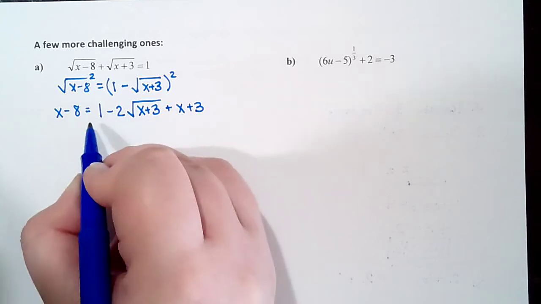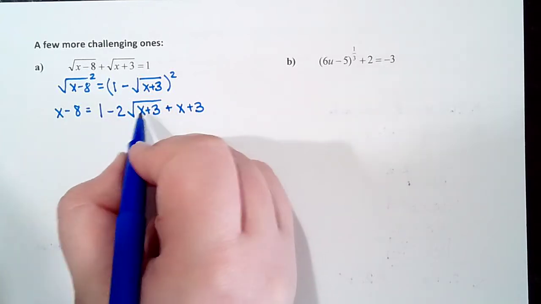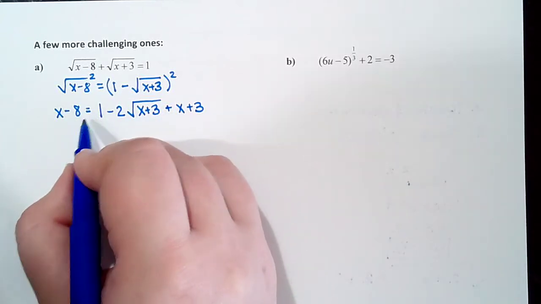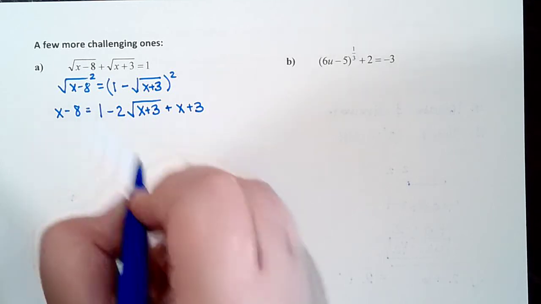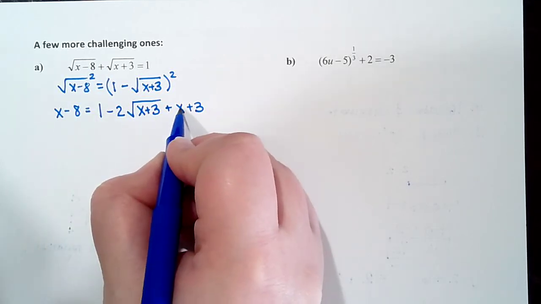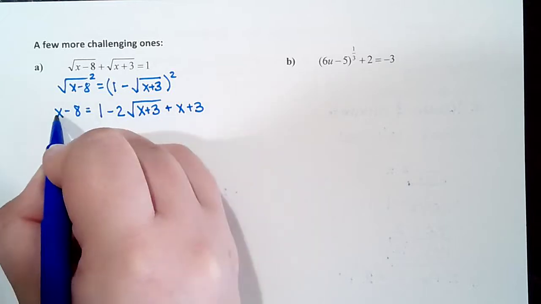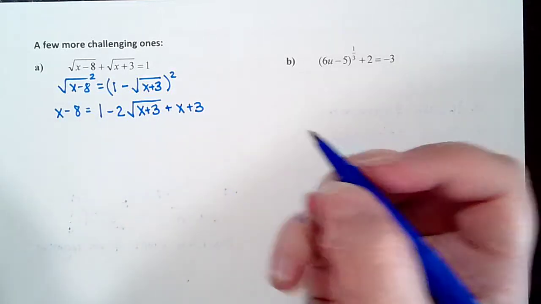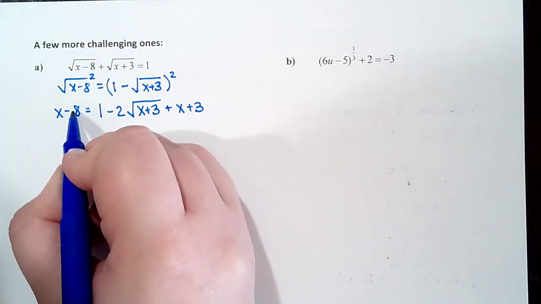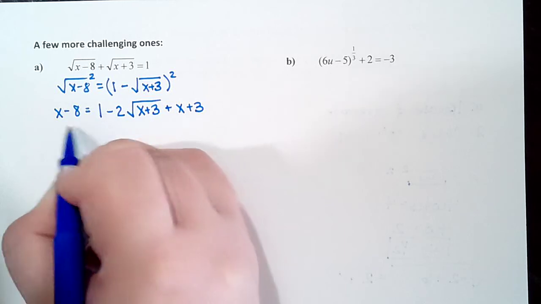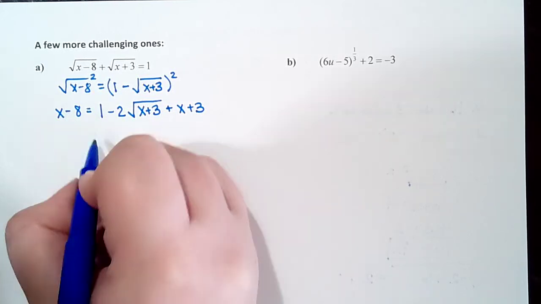From here, it's just simplification of this right side and then combining like terms across the equal sign. So in this case, I'm going to move this x over, x minus x, no x is left, and then I've got a negative 8, which I'm going to move the 1 over and the 3 over.